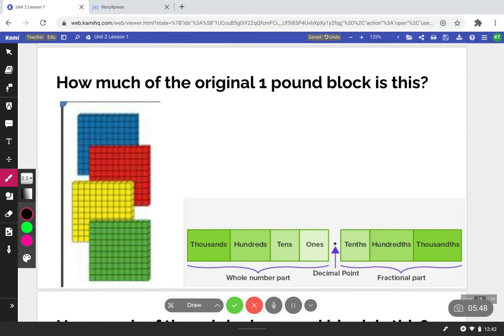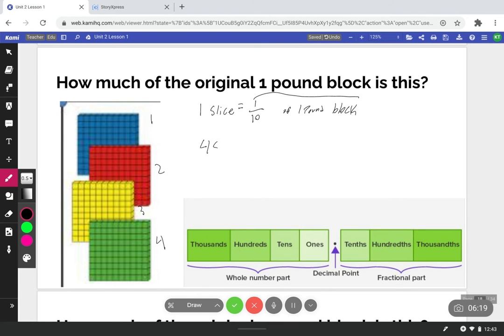So how much of the original 1 pound block of cheese is this? Well, I have 1 slice, 2 slice, 3 slice, 4 slice. So 1 slice was 1/10 of the pound of cheese. But I don't just have 1 slice.